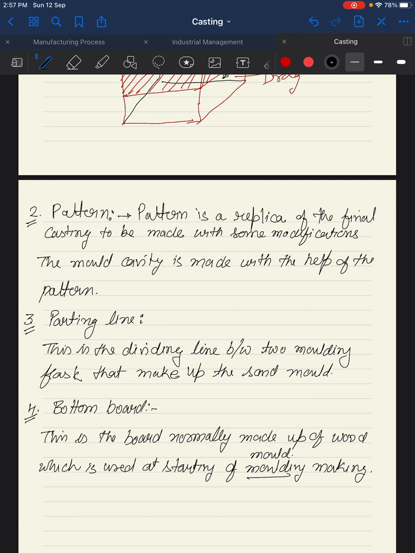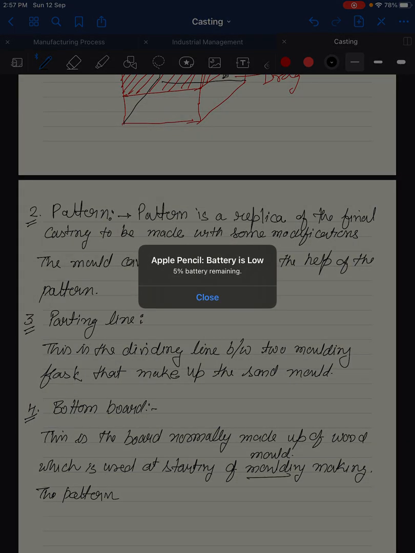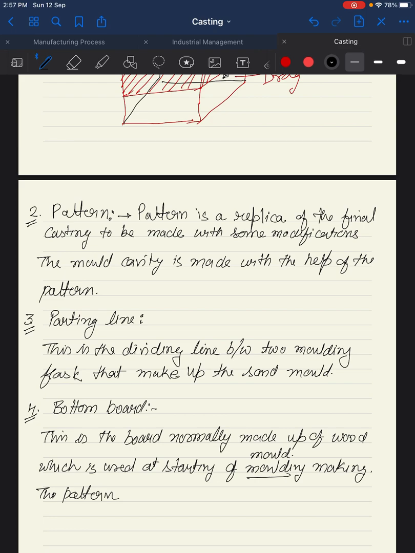Okay, the pattern and drag are first kept on the bottom board.